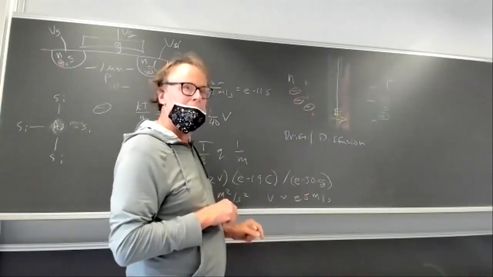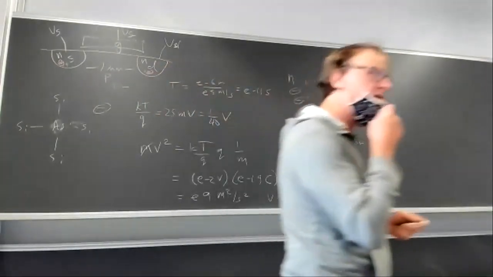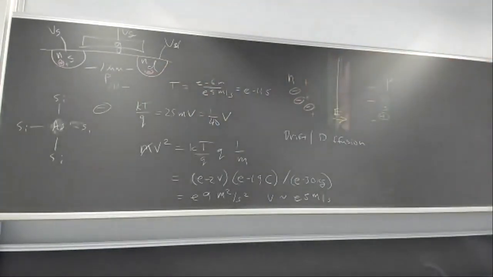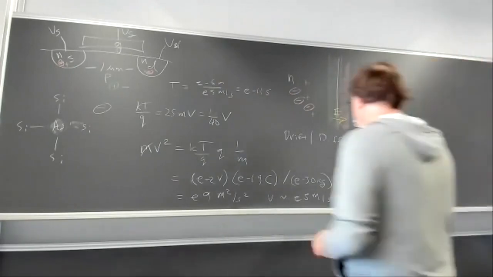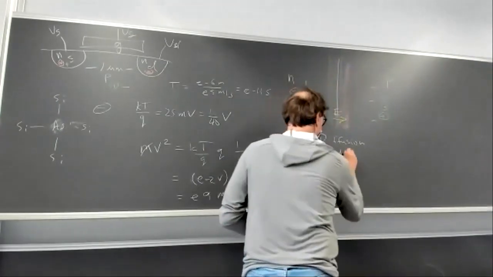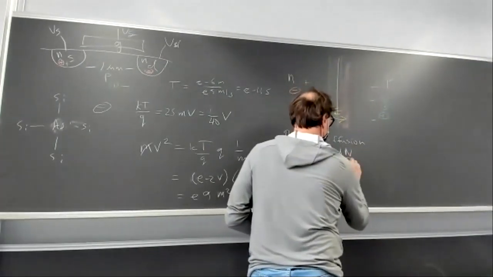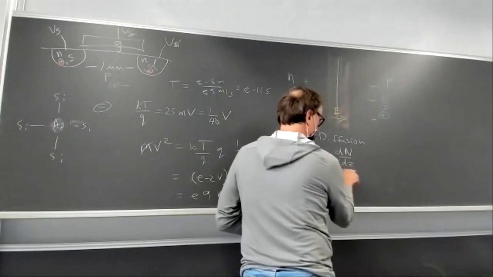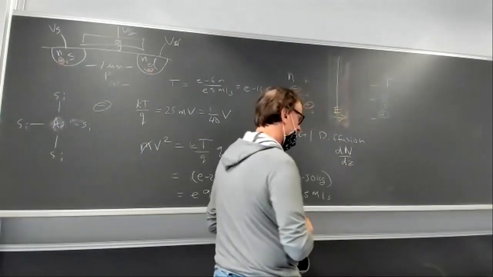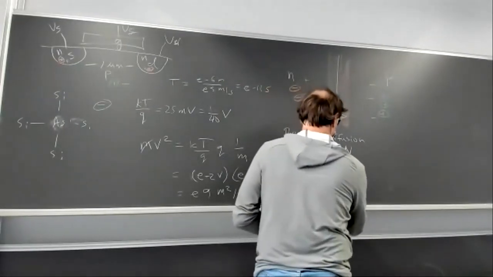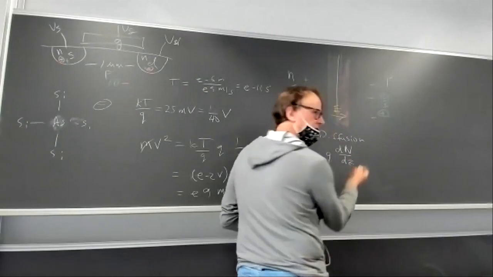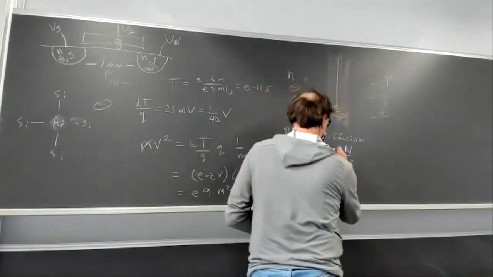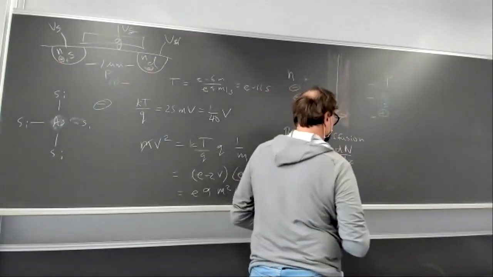Can you repeat how diffusion works? There's a diffusion current anytime there's a gradient of concentration. Anytime there's a gradient of concentration, there'll be a current proportional to that gradient. And it'll be proportional to Q, the electric charge, because you have to get units of charge out of it, times some diffusion constant.